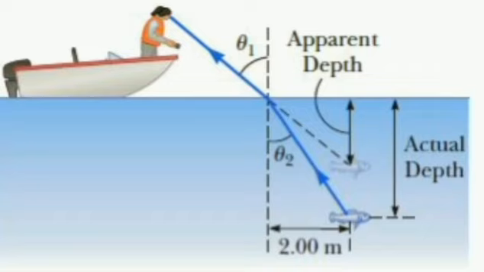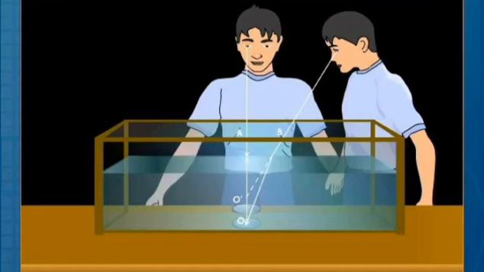So that's refraction. And that was why I said in the beginning that when refraction has taken place, the object you are viewing looks bent, because the density of the air through which you are viewing is different from the density of water.